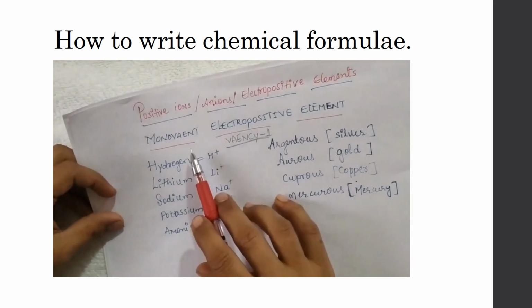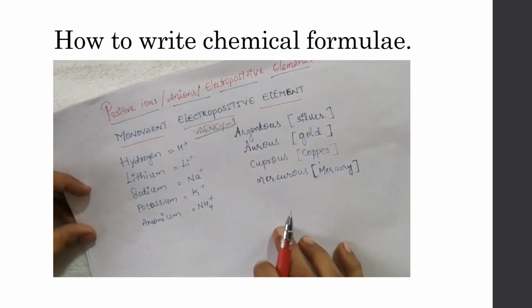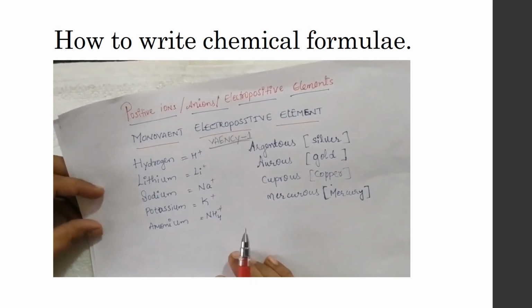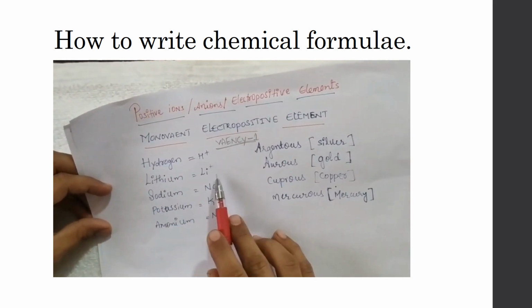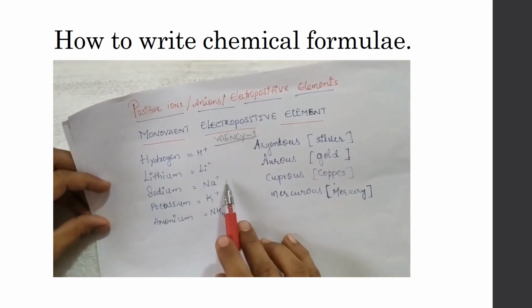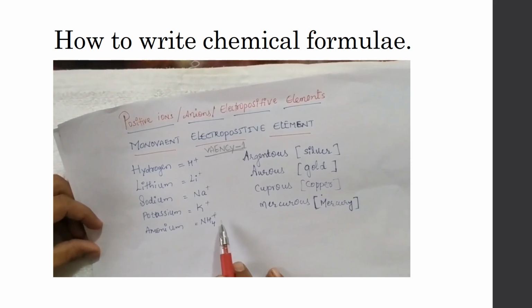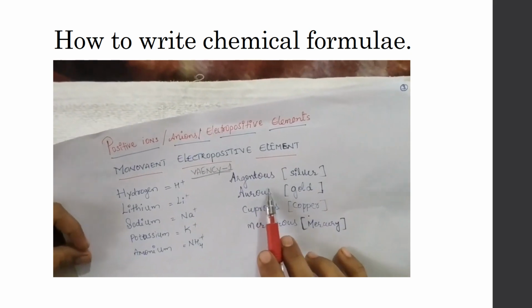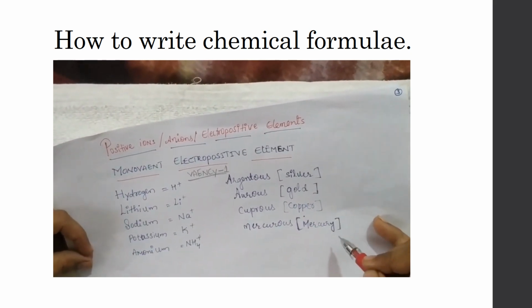Some monovalent electropositive elements are in this chart: hydrogen H+, lithium Li+, sodium Na+, potassium K+, ammonium NH4+. Some more examples are silver, gold, copper, mercury.